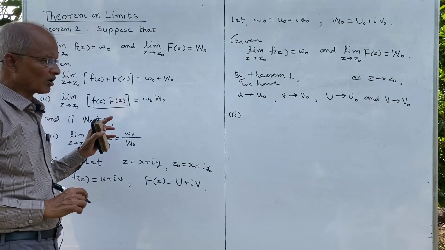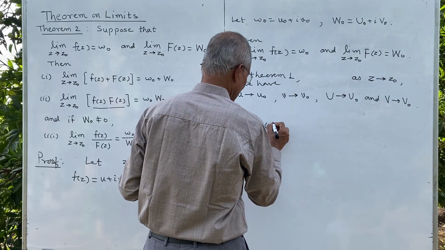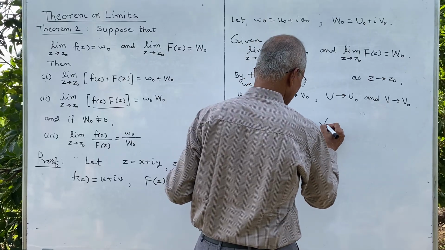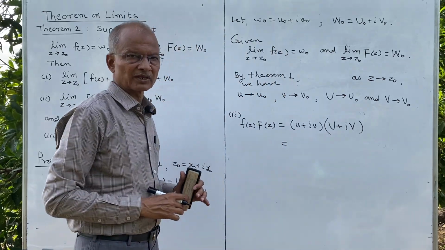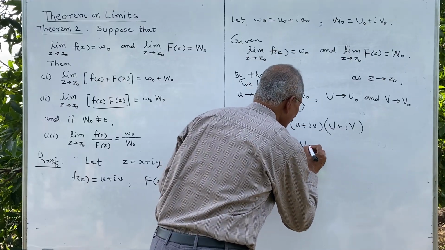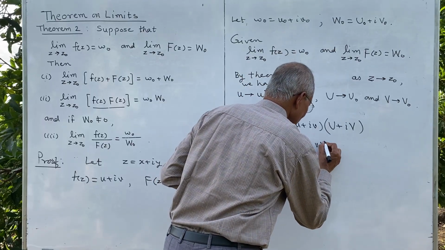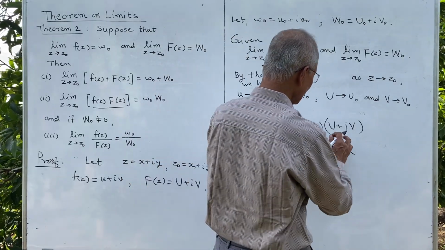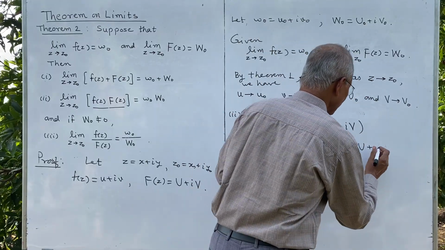The product of small f and capital F. So small f of z into capital F of z, small f of z is u plus i into v, and capital F of z is capital U plus i into capital V. And this product of two complex expressions, we know it is u into capital U minus the product of the imaginary parts, i v into i capital V, that is v into capital V, that is the real part, plus i into the imaginary part, this is v into capital U plus u into capital V.